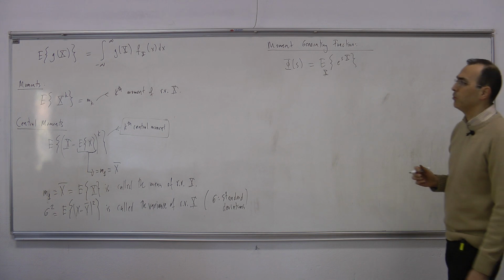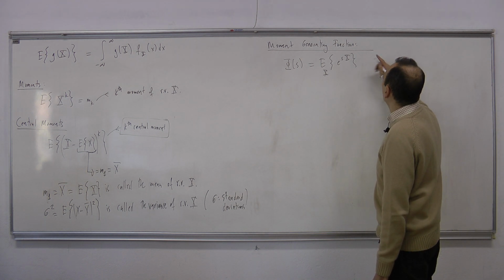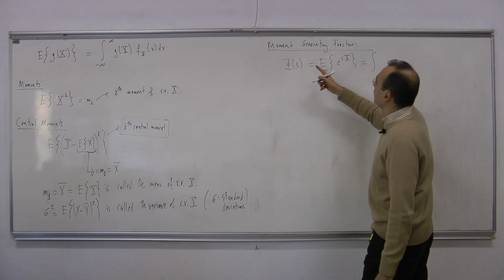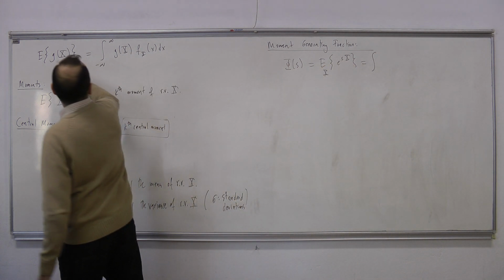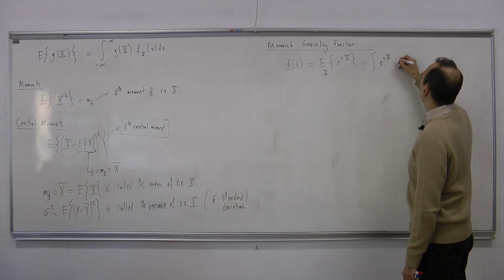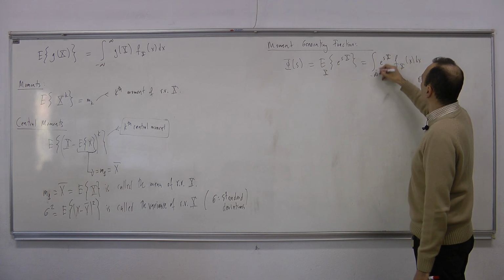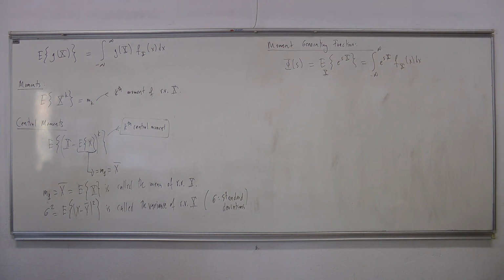This is a very fast review of probability, important facts. So what's the meaning of this? So as we have said before, now this is g of x. I have e to the sx fx. I have something like this.